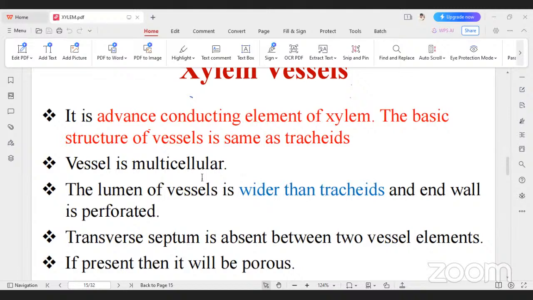That's why they are discontinuous. Tracheids are discontinuous, but not vessels. Vessels are continuous, like multicellular. The lumen of vessels is wider than that of tracheids, and wider than that of fiber.